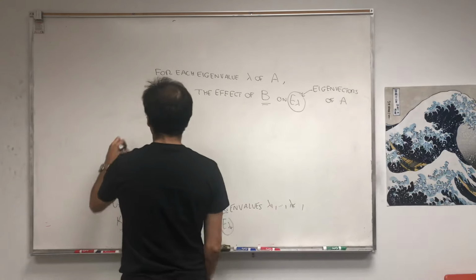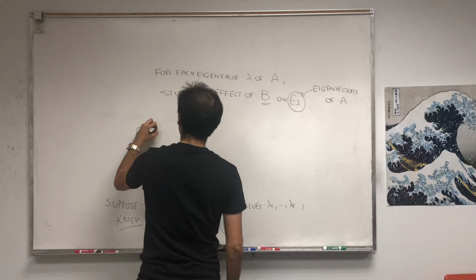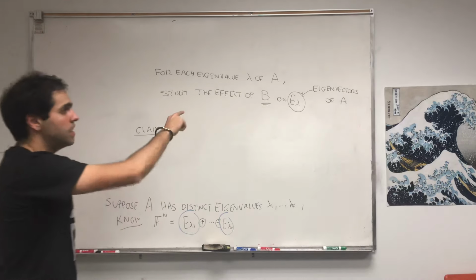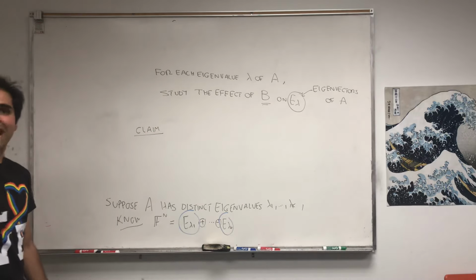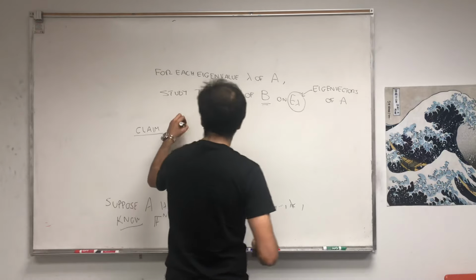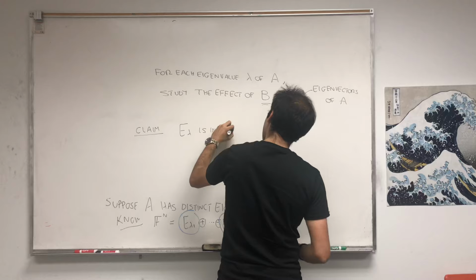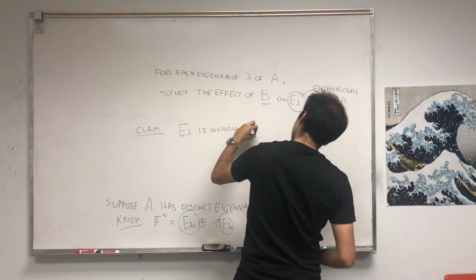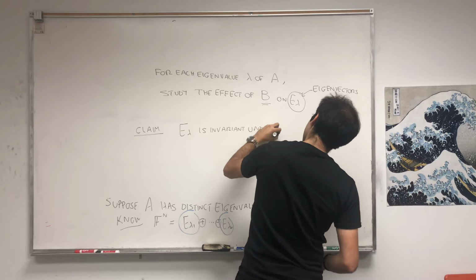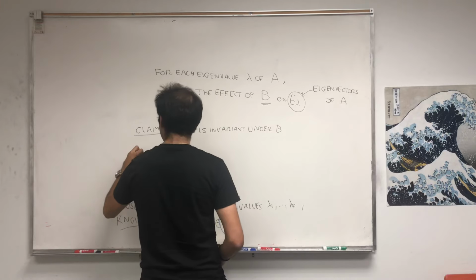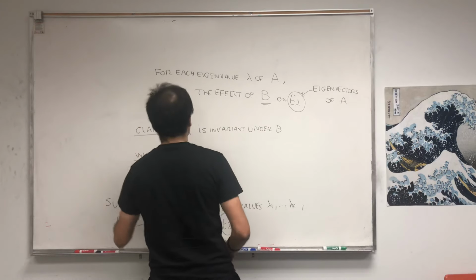And here's our first claim. So first important claim is this eigenspace is invariant under the action of B. E lambda is invariant under B. And we'll need this in a second. So why is that true?